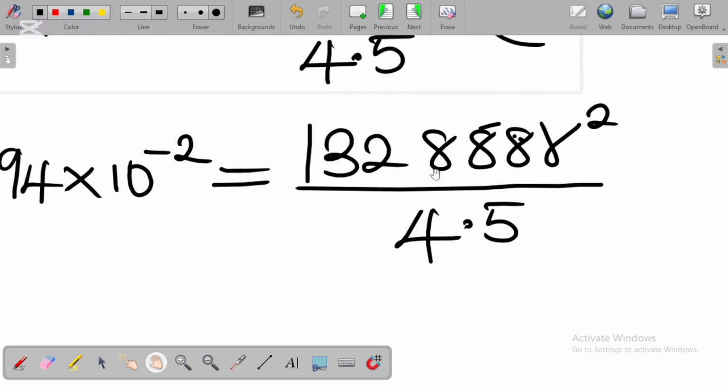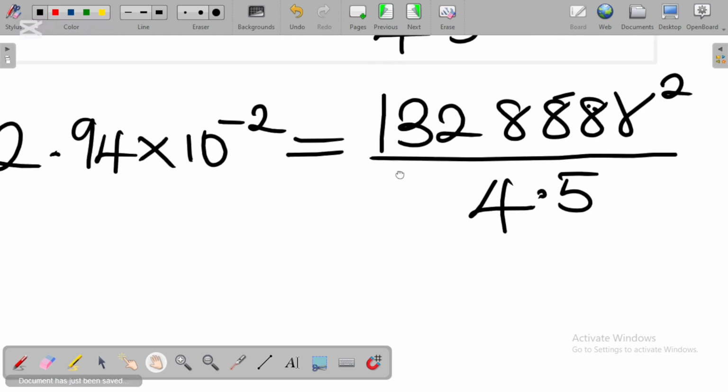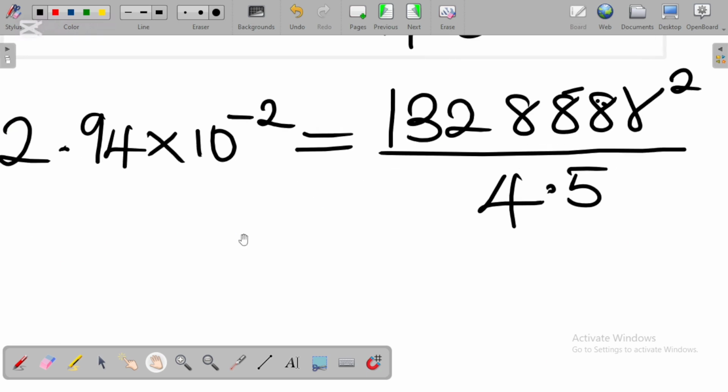All right, so we are looking for the value of r. So at this juncture, we are going to cross multiply.